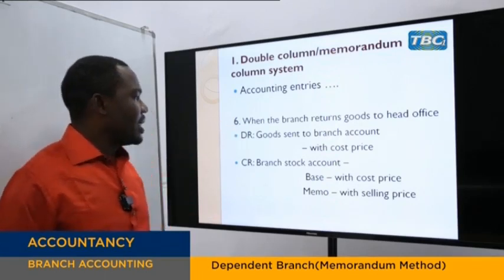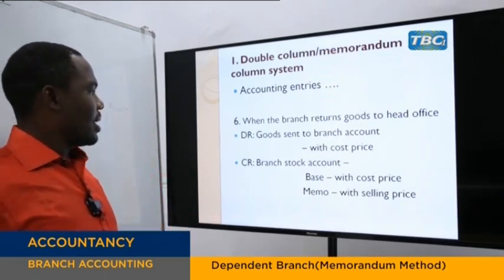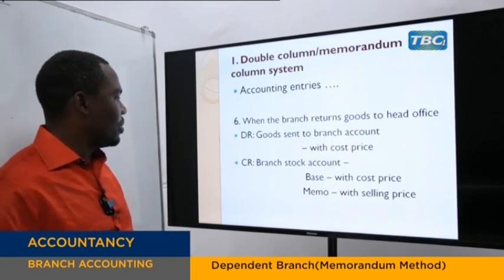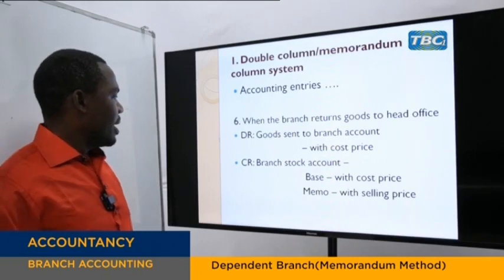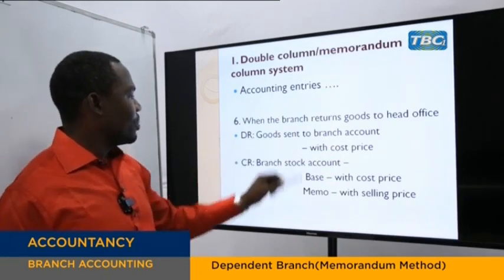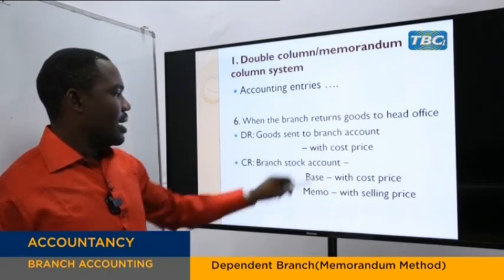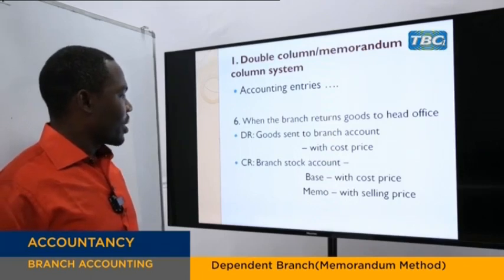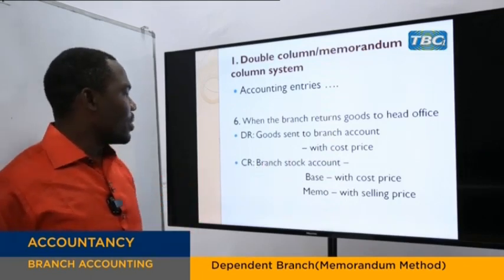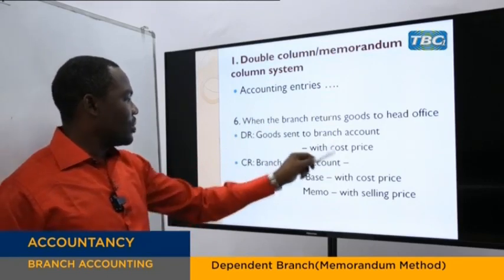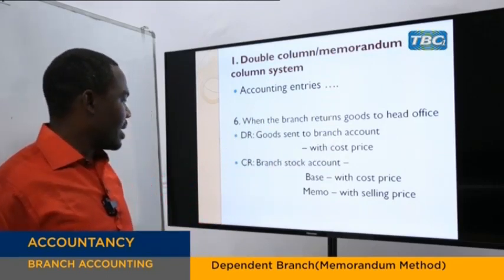And when the branch returns goods to the head office, the branch may decide to return some goods for various reasons. If the branch returns these goods, we debit goods sent to branch with the cost price, of course, because goods sent is recorded at cost, so you are going to debit with the cost price.